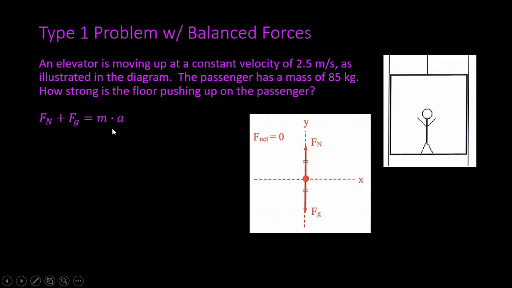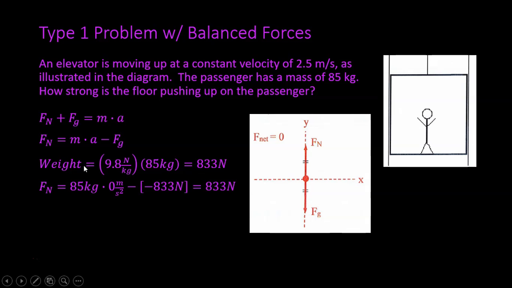We start with our basic Newton's second law equation, so we add up the vertical forces, Fn plus Fg, and we set that equal to the mass times the acceleration. Next, we rearrange the equation to solve for the normal force. Then we need to know the force of gravity, so we need to find the weight. So we use our weight equation and find out that the weight of the passenger is 833 newtons.